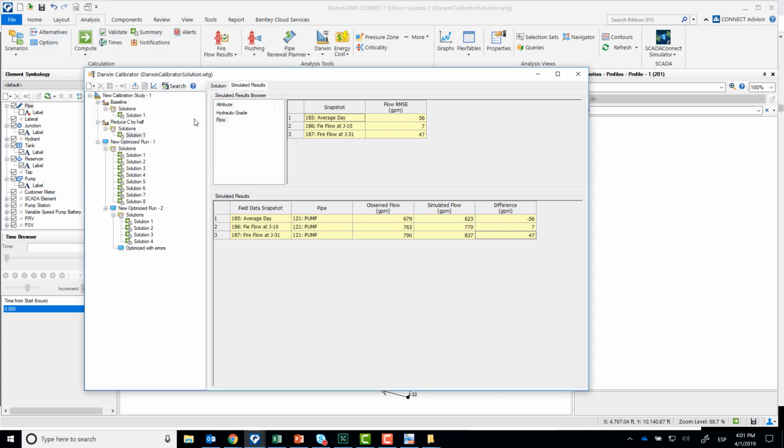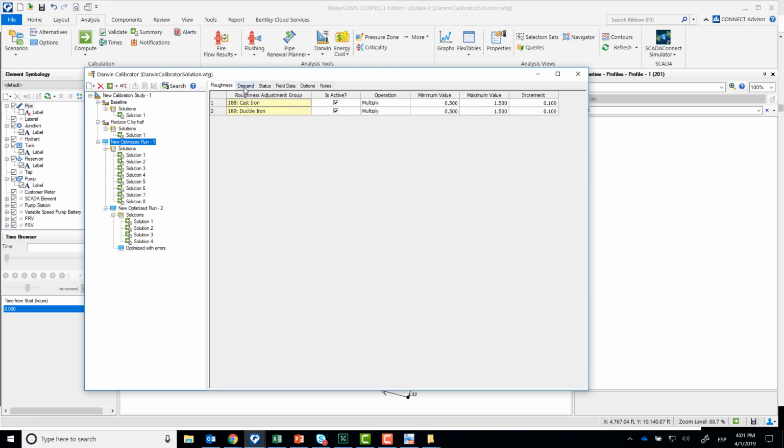So we went and we said, okay, what if I modify the roughness, but not by half? What if I ask Darwin to multiply the C factor for the pipes in the cast iron times 0.5, then 0.6, 0.7, 0.8, all the way up to 1.5.